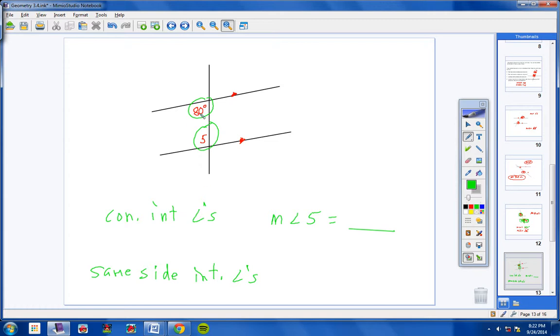So if this angle here is 80, then angle 5 has to be, excuse me, I'm sorry, 100 degrees, because 100 plus 80 is 180 degrees. All right, let's try another problem.